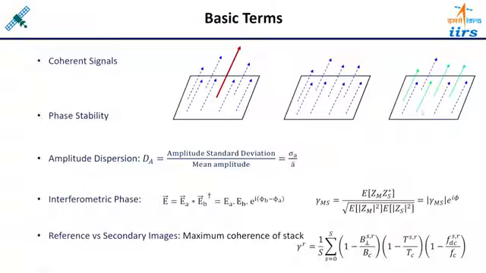In the same way you can assume other types of resolution cells where you are getting a moderate level of coherence. Those resolution cells or pixels are also called distributed scatterers. And you can also assume another type of resolution cell where you are not getting high or moderate coherence, but very low coherence. Those resolution cells are basically called noisy pixels.